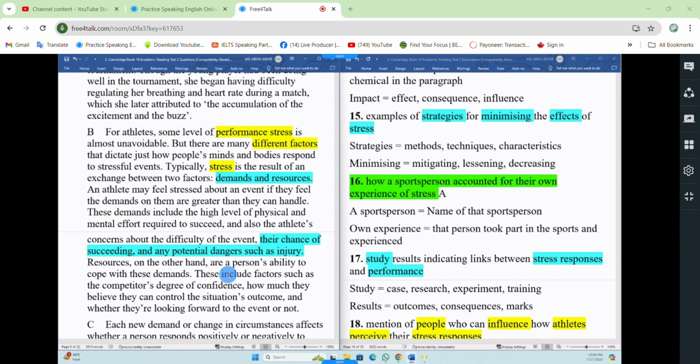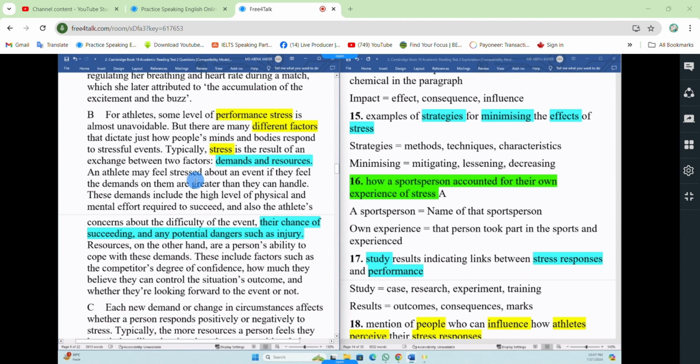That means most sports people know very well what the biggest challenge of this tournament is, then their chance of succeeding, their chance of winning the game, the match or the tournament. But also we may have potential dangers, probable dangers such as injury.